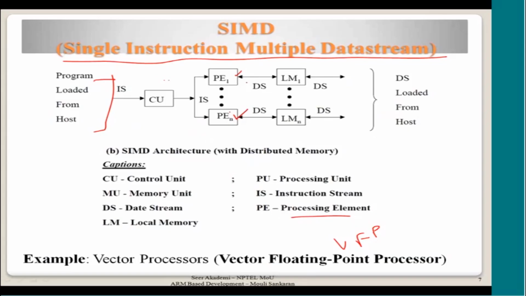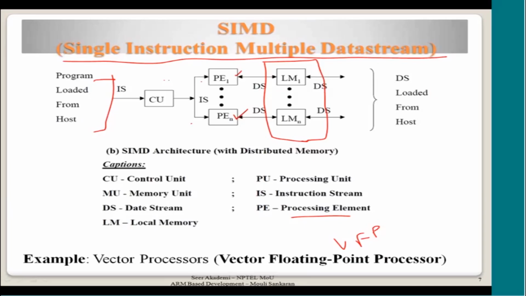There are n processing elements here, and all of them get the same instruction stream, but they get different data streams. They work on different sets of data. Though it is shown here as M1 to Mn, different memory blocks, they can all be kept in a single physical memory. They need not be separate physical memories, but they get different data. That is the main thing to keep in mind. But they all get the same instruction.